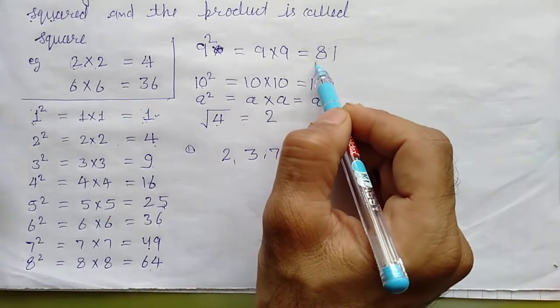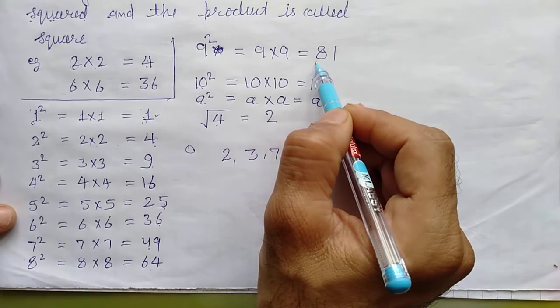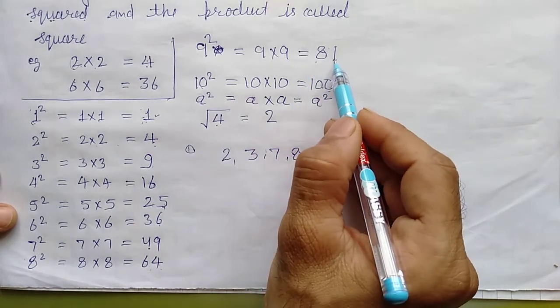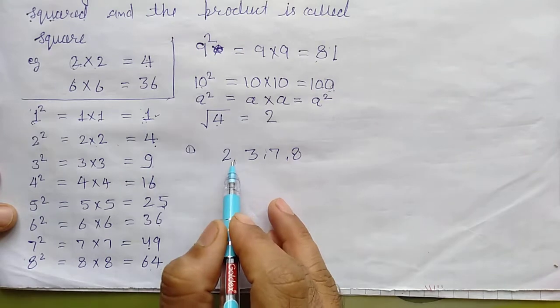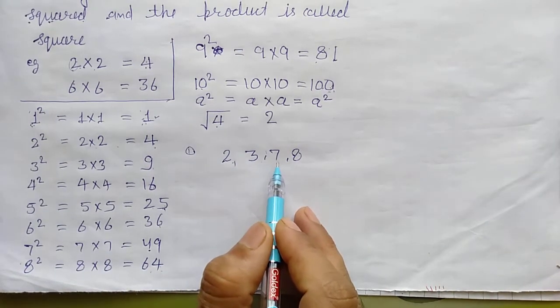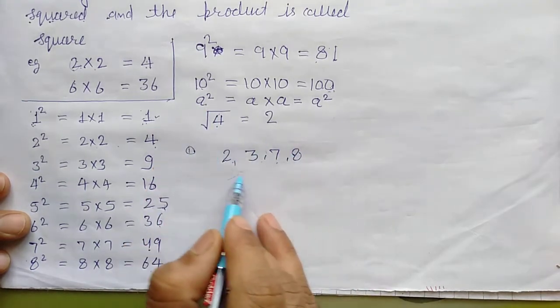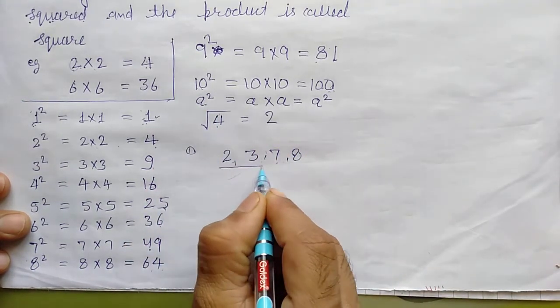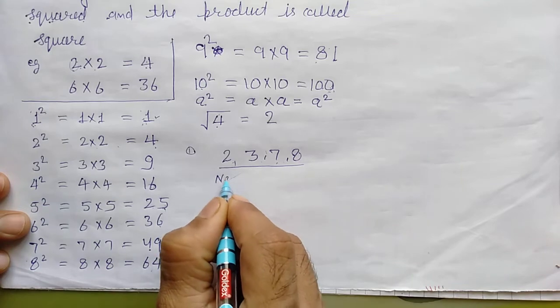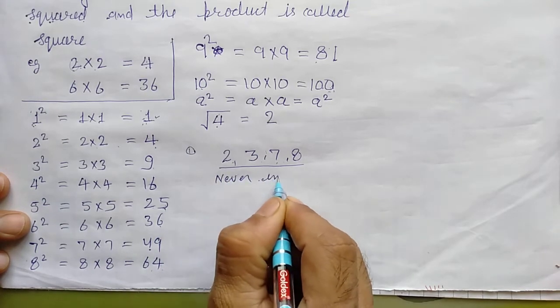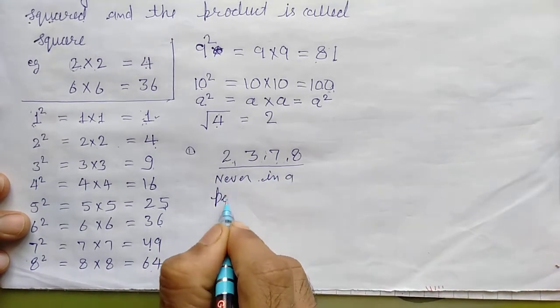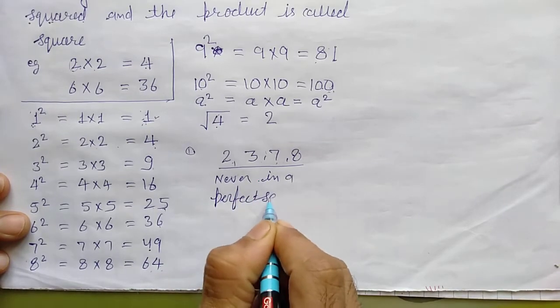Don't look at the tens place. We only look at the ones place, also called the unit place. So 2, 3, 7 and 8 are not coming at the ones place. 0 is coming, but these numbers are not coming. Means 2, 3, 7, 8 never come in a perfect square number.